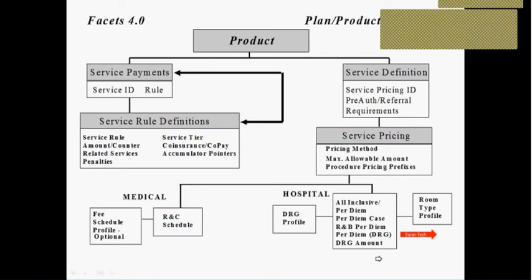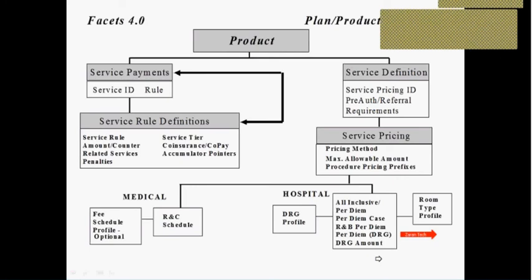AGFC is a program that helps you define the provider agreement, and the service definition program is called upon it. This allows Facets to find a price. So it's the service definition application that helps you determine the dollar amount for the type of service that the member is provided. So this is on the pricing side.